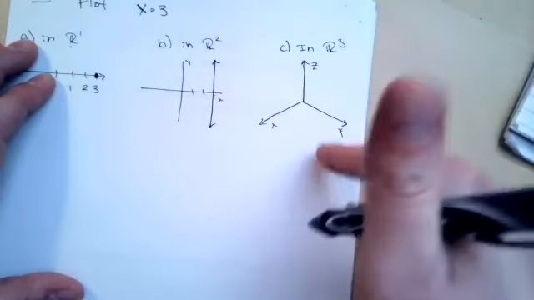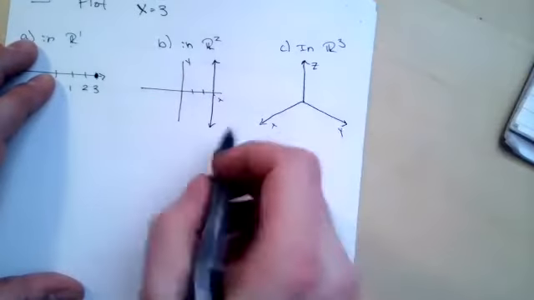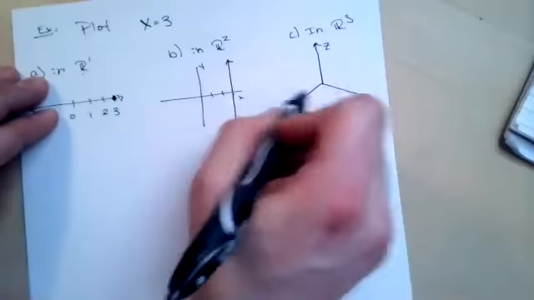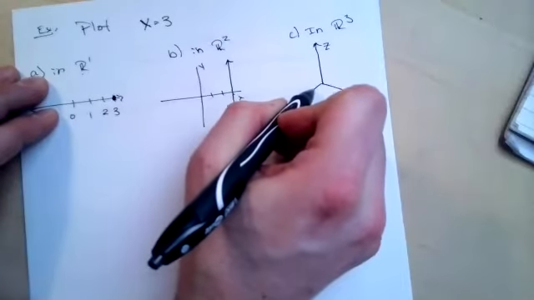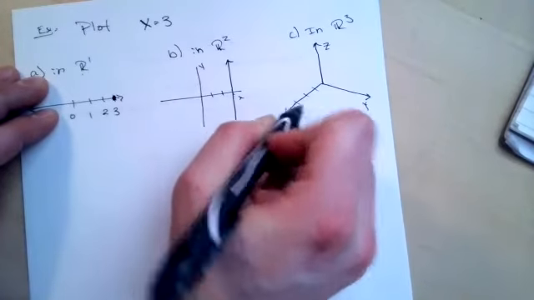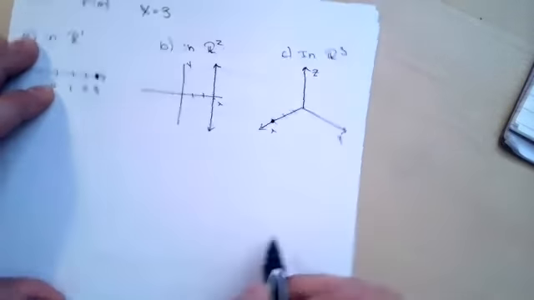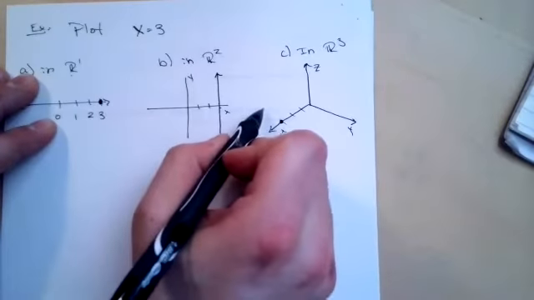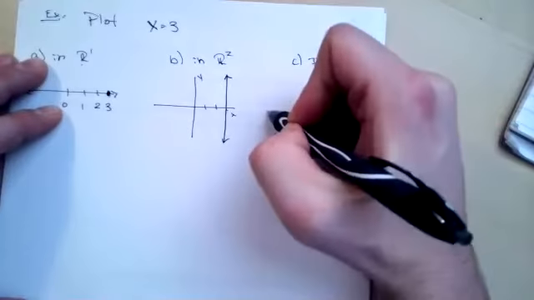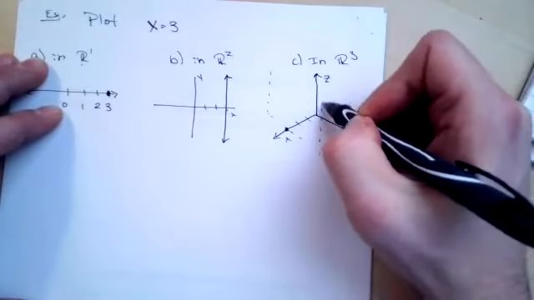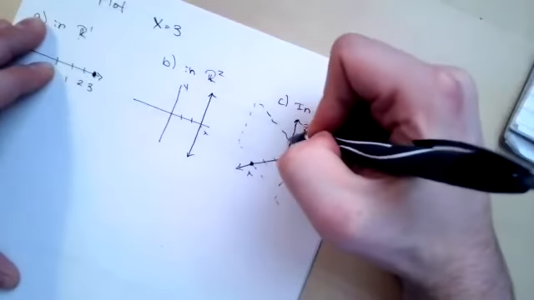So index finger, middle finger, thumb. And we have x equals 3. So you always want to draw your tick marks for x parallel to the y. So x equals 3, we know we're going to pass through this point, but y and z can be anything. So what we're going to have in R3 is going to be this plane.